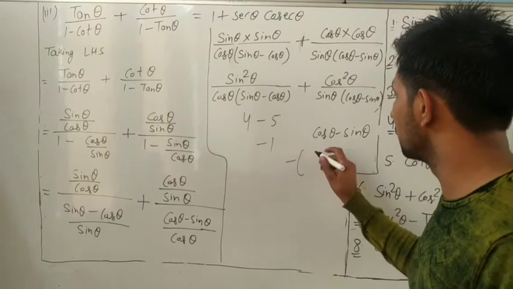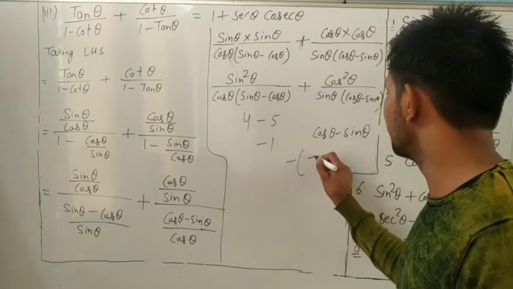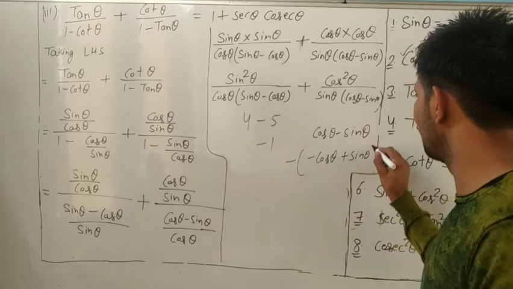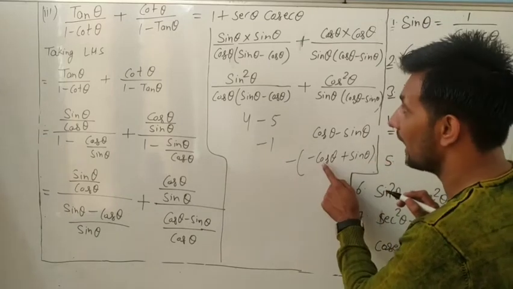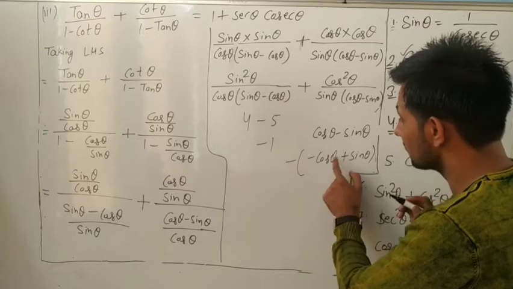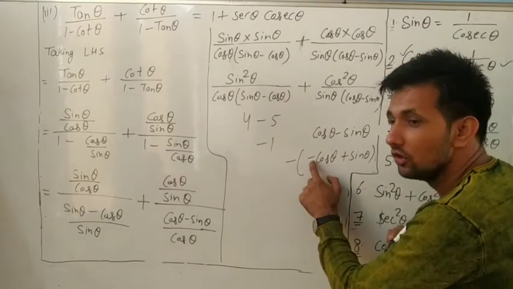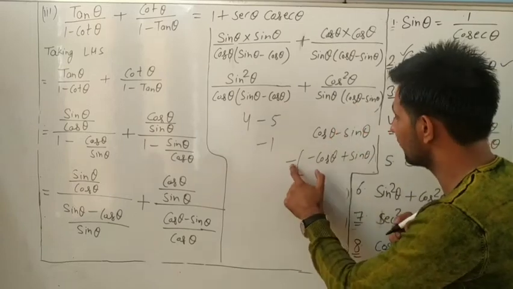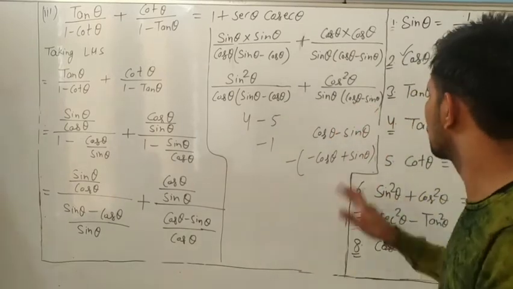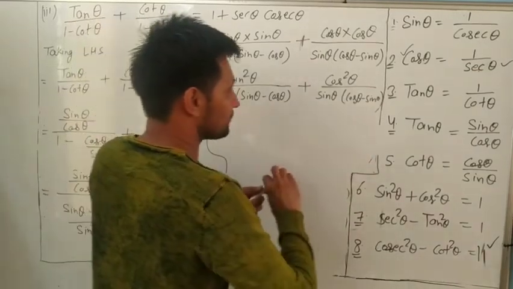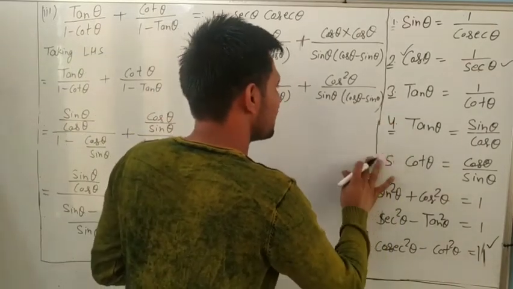Cos theta positive becomes negative cos theta, and it is plus sin theta, so it becomes sin theta minus cos theta. You can check also: negative into negative is positive, negative into positive is negative. So you can take common to avoid the long process.